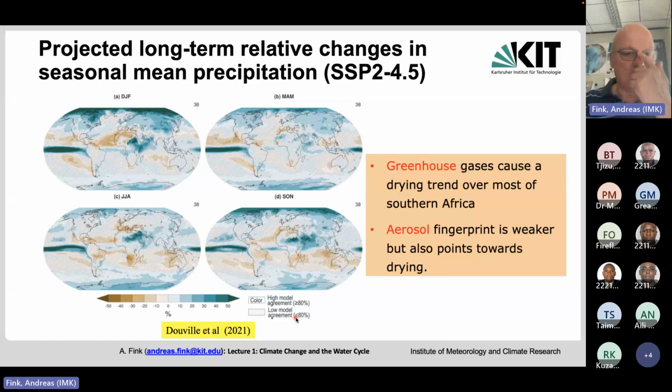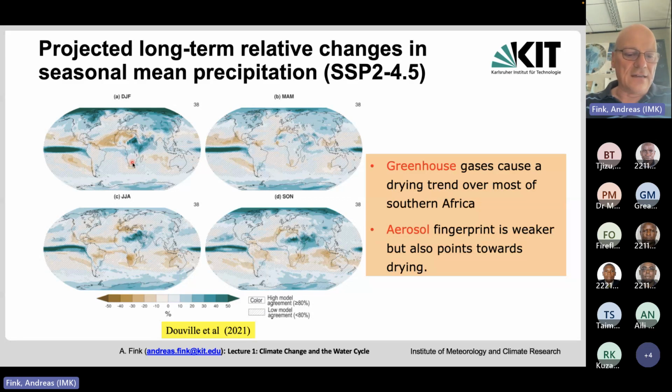Sorry for that. So we have here in June, July, August, that is, of course, the dry season, except at the Cape region. We have a decreasing trend, but it's already the dry season. The more important wet season, December, January, February, you see this hatching.